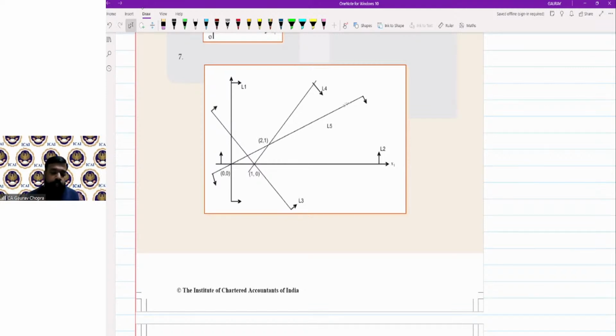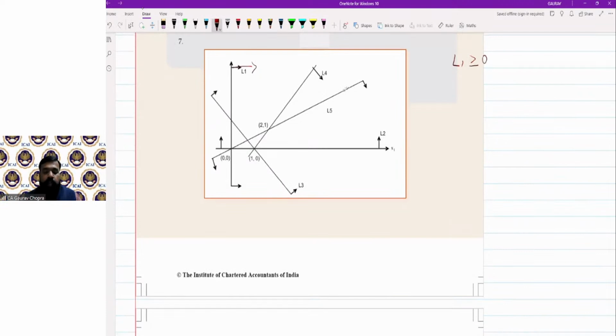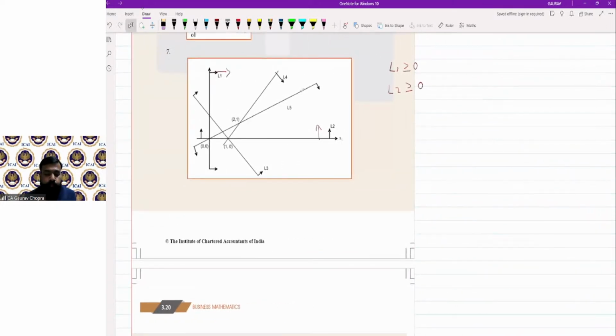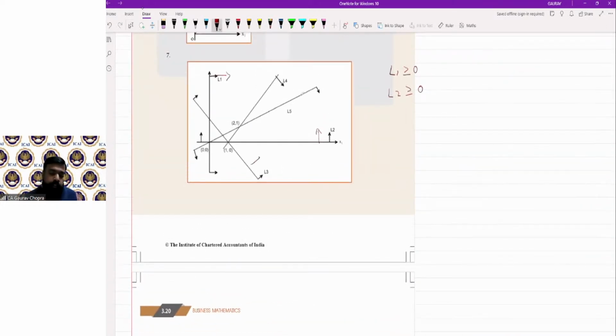L1 is moving here, that means it is positive. It is towards the positive portion, more than 0. L1 will be greater than or equal to 0. L2 is also going above. It is also greater than or equal to 0. The third one is away from the origin, greater than or equal to 0.